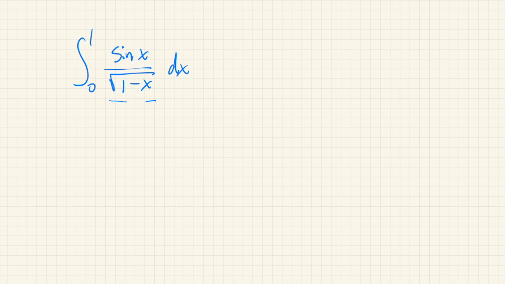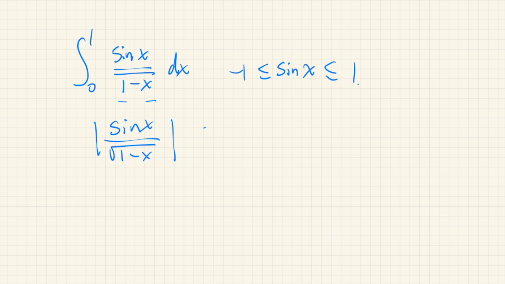What could be a dominating function of this integrand? Remember, sine x is bounded between negative 1 and positive 1. So this function, sine x divided by the square root of 1 minus x, is dominated by 1 over the square root of 1 minus x, and this function is easier to integrate.